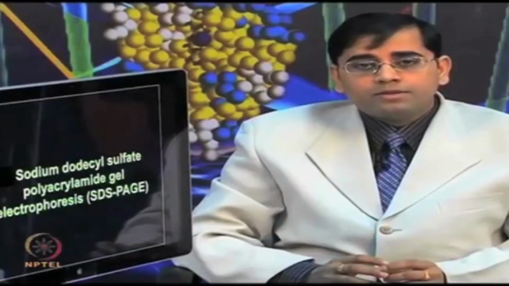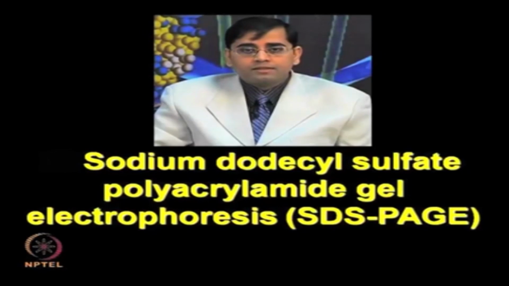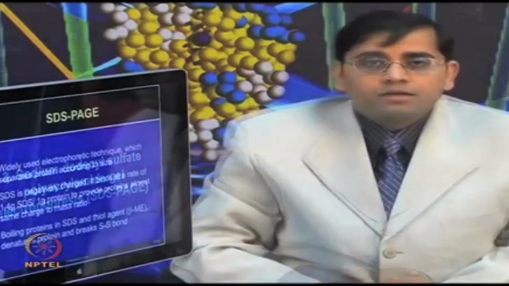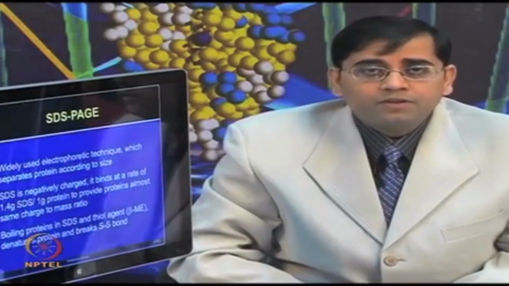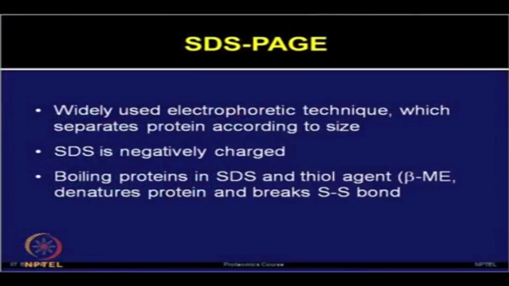Now we can talk about how to perform sodium dodecyl sulfate polyacrylamide gel electrophoresis, or SDS-PAGE. SDS-PAGE is one of the very widely used electrophoretic techniques which separates proteins based on their size or molecular weight.